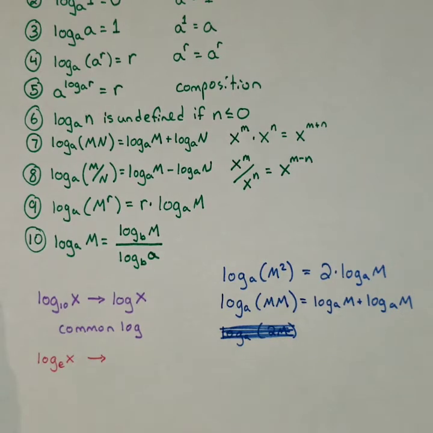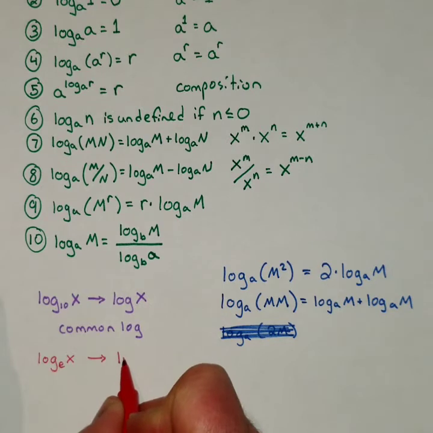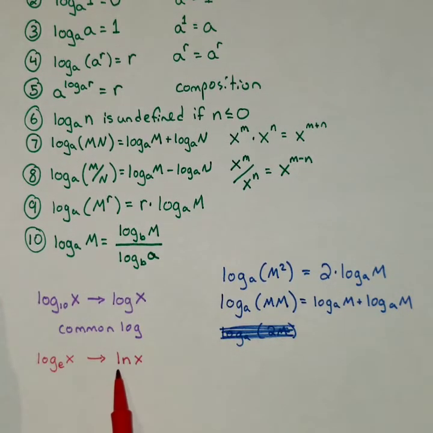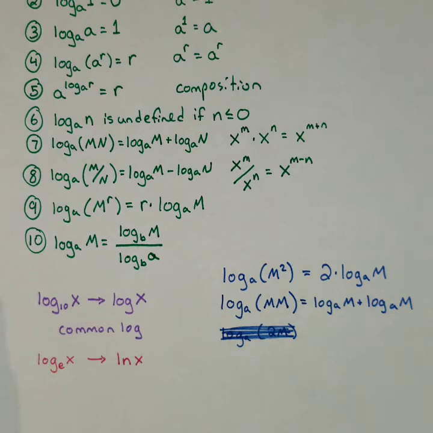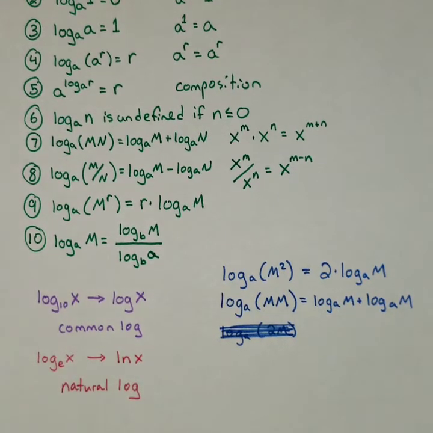It's also very handy when we talk about logarithms, and we're going to give this its own name. It's called ln of x. The ln is just a shortened abbreviation for log base e, and it's actually given the name the natural log. So we have the common log and the natural log.